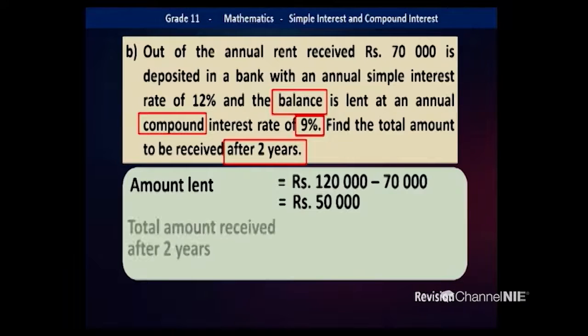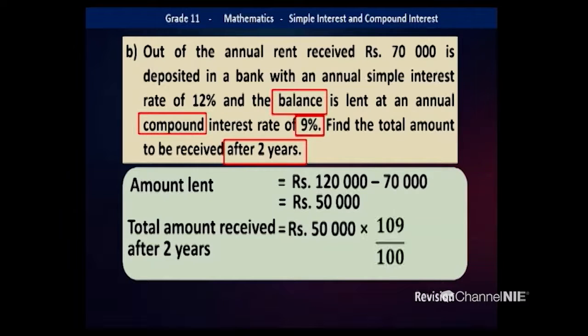Now let us see the total amount he would get from that side. 50,000 into 109 upon 100, that is for the first year. We have studied that short method. Again multiplied by 109 upon 100, that is for 2 years. From this one you get only interest? No. From this calculation you get the entire amount.